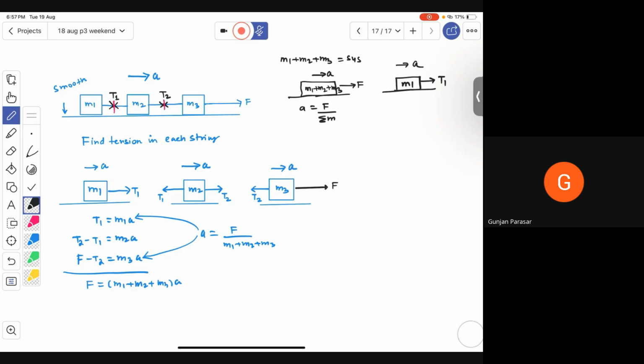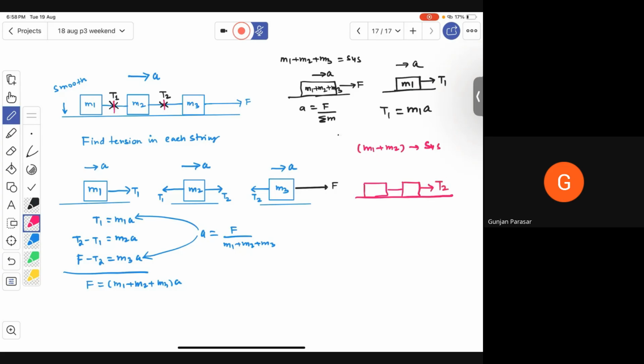So finding T1 will be a lot easier if I take M1 as one system: M1 into A. Now, if I take M1 and M2 as a system, why I'm doing so, you will see now. Then T1 will be an internal force, and the only external force they will have will be T2.